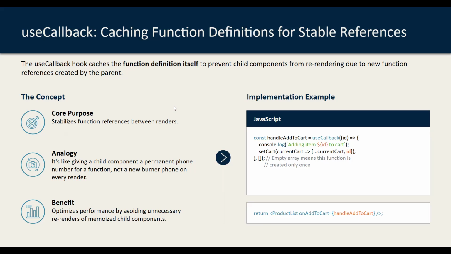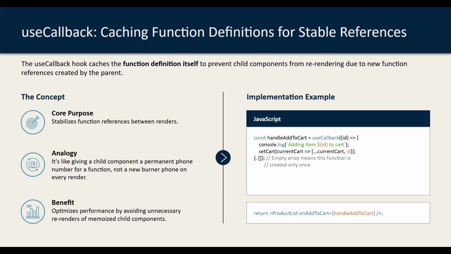A simpler way to explain it would be: instead of handing the child component a brand new function every time, you're giving it the same one unless its dependencies actually change. In this example on the right, you can see that the addToCart function is wrapped in useCallback, and because its dependency array is empty, React creates that function once and keeps reusing it.